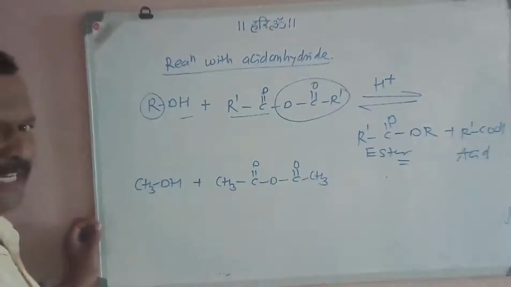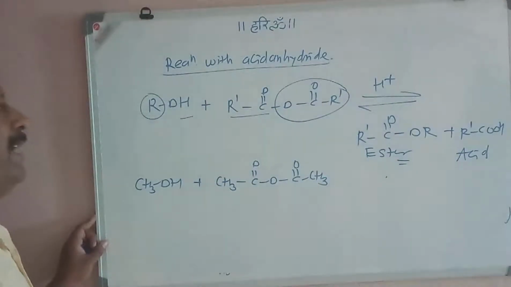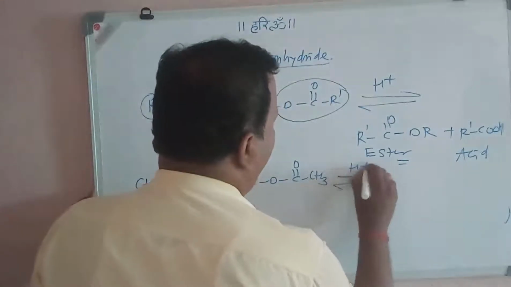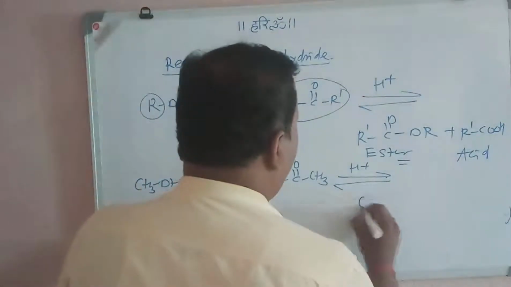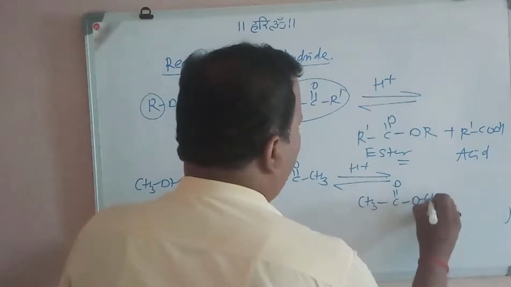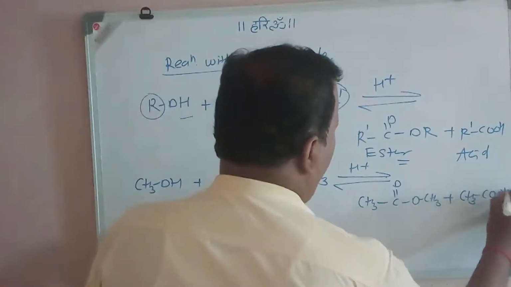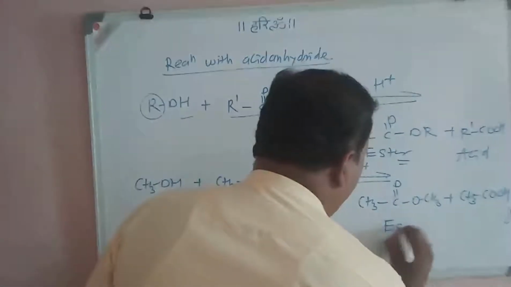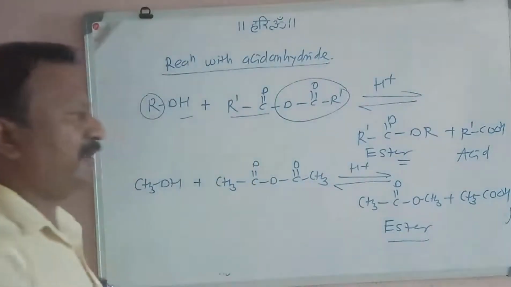It is an anhydride of acetic acid, therefore called acetic anhydride. The reaction is carried out in the presence of acid, that is H plus. Then what happens here? We got the corresponding ester like this, CH3 C double bond O CH3, plus CH3COOH.